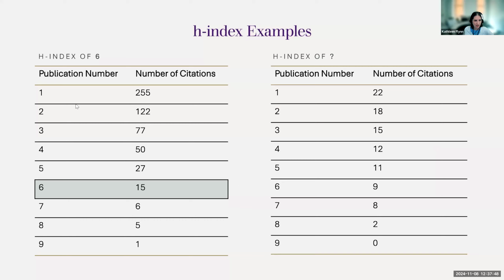So here I'm saying the H index is 6 because this author has 6 publications, these 6 here, that each have at least 6 citations. I can't say it's 7 because I can't say they have 7 publications that each have 7 or more citations. But with this person over here, I'd say 7. They have 7 publications and they each have at least 7 citations.